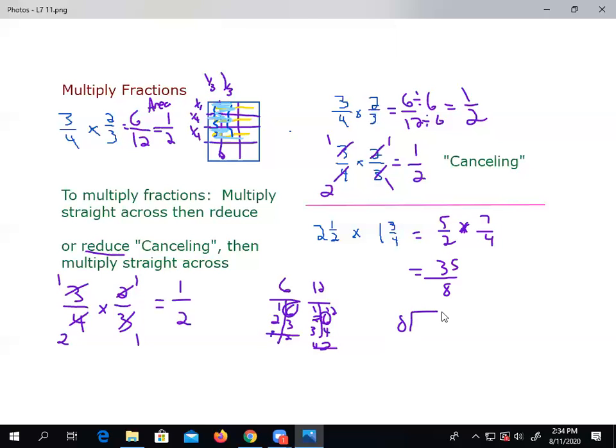So 8 goes into 35. And again, if you know your math tricks, your 8s, you can kind of do that, 0, 1, 2, 3, 4, 5, 6, 7, 8. Oops, ran out of room there. I have to do that all over again.